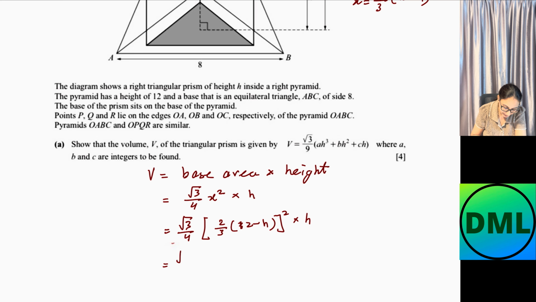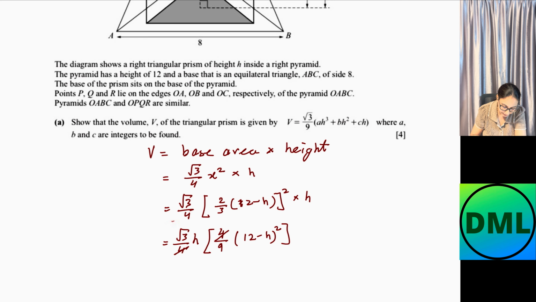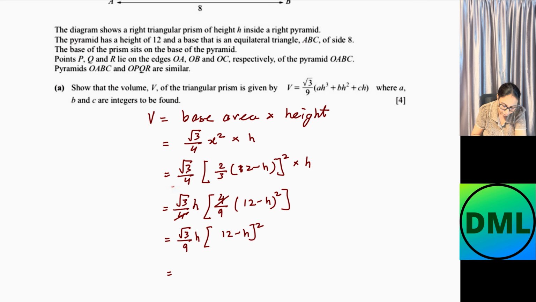This will be written as root 3 by 4 h, I am writing it in the front. Let's square it. 2 square is 4, 3 square is 9. This will be written as 12 minus h the whole square. The 4 will get cancelled from the 4 here. This will be written as root 3 by 9 h, 12 minus h the whole square. I need to expand that with the formula for a minus b the whole square.